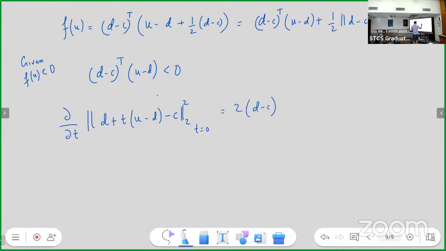There's nothing going on. Identity. Let's call it. For t between 1 and 0, we get this: B plus t times U minus D minus C.